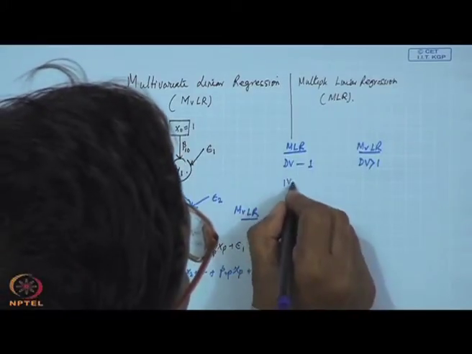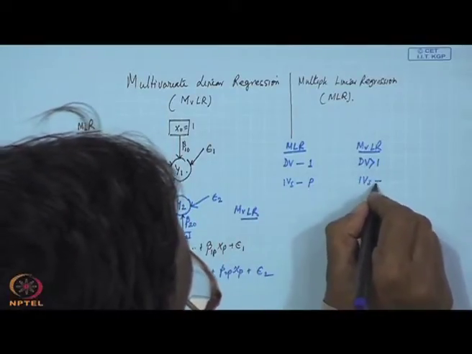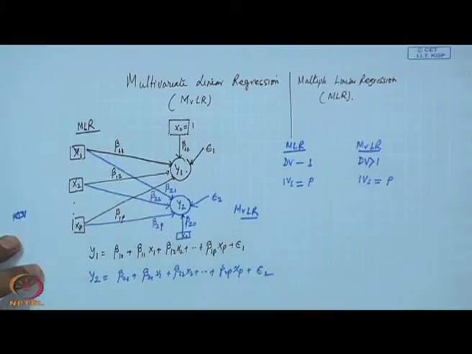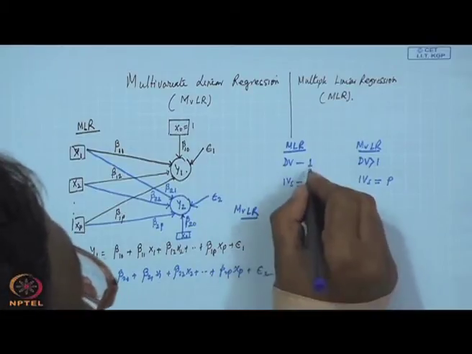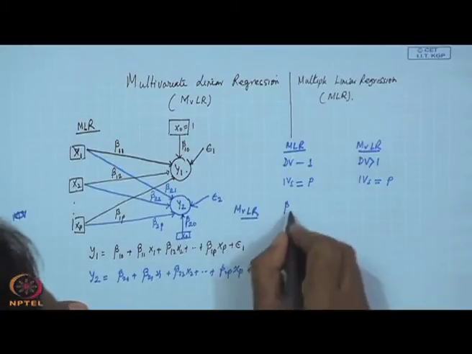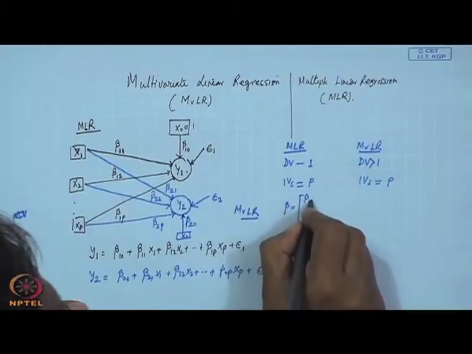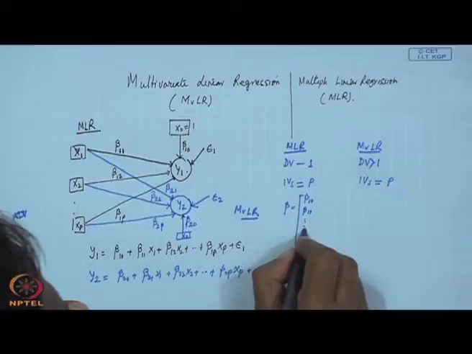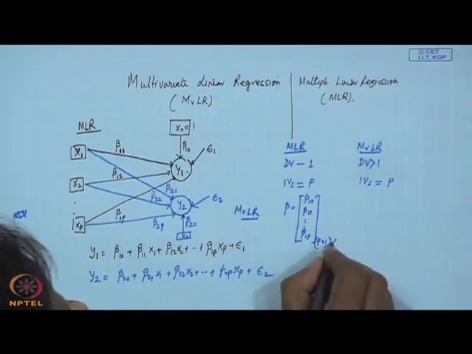Your IVs are p, here also you have p number of IVs. Okay. So, in MLR your dependent variable is 1. So, beta is the parameter vector which is basically beta 10, beta 11, like beta 1p, which will be p plus 1 cross 1.